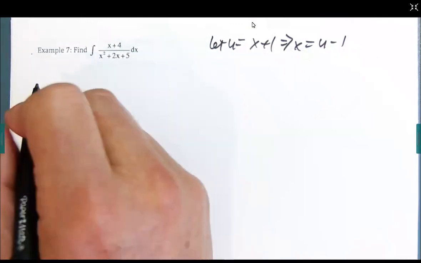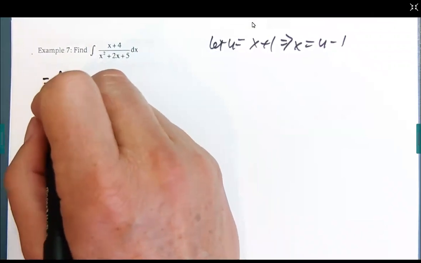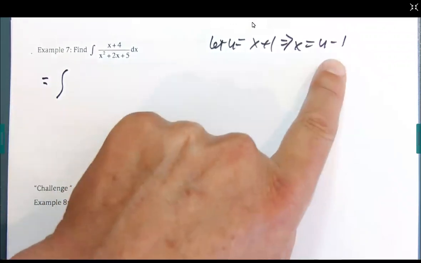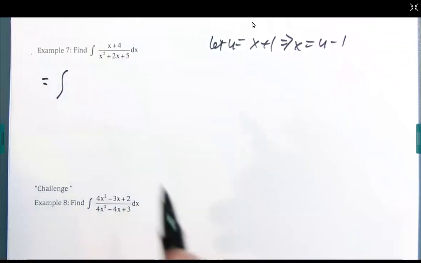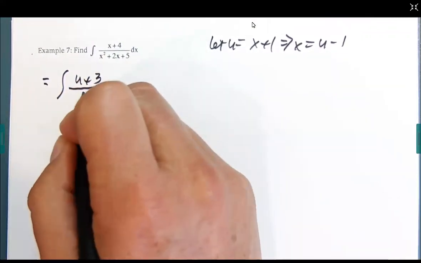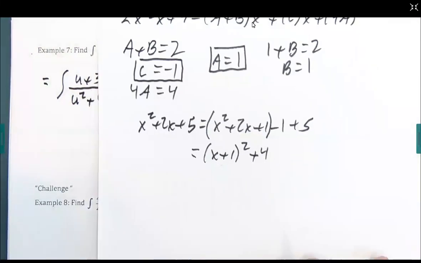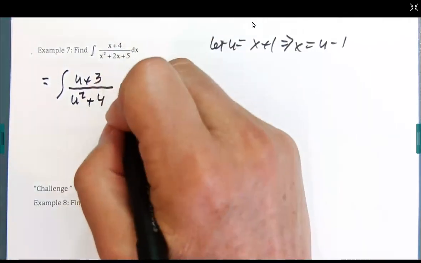When I plug that into here, I get the integral. Now, when I plug in x to here, that's going to be u minus 1 plus 4, so that's u plus 3 over u squared plus 4. Again, that's this here, u squared plus 4 du.